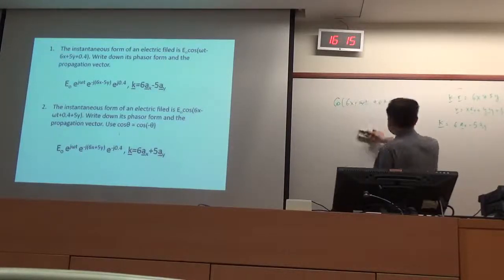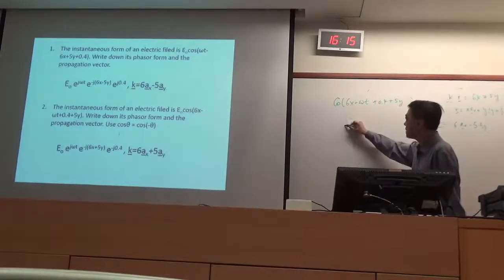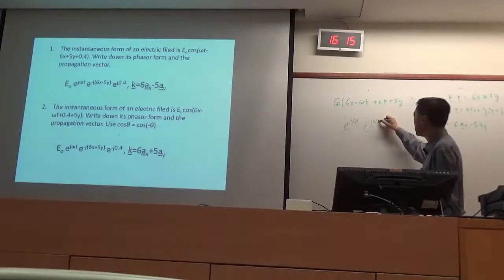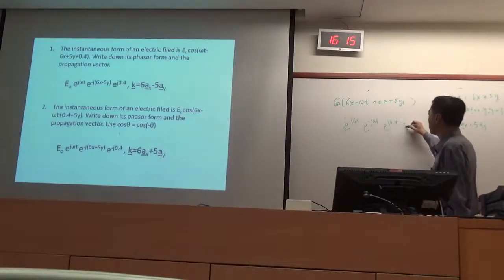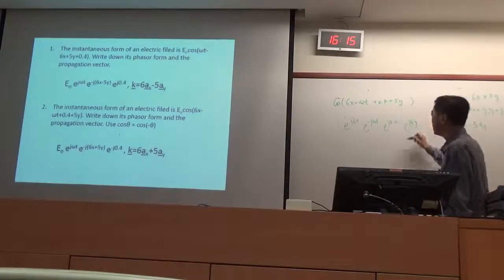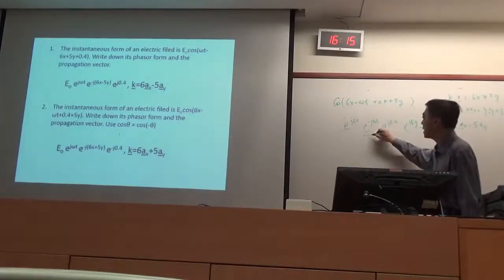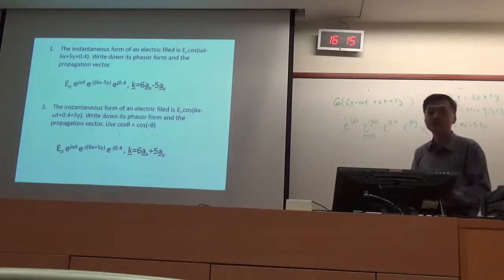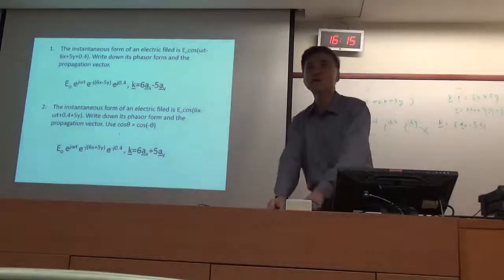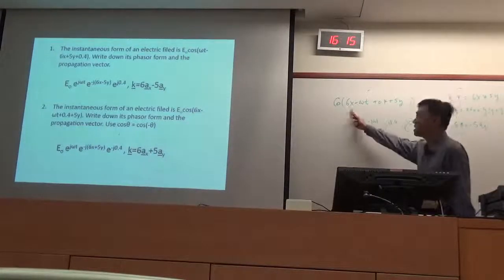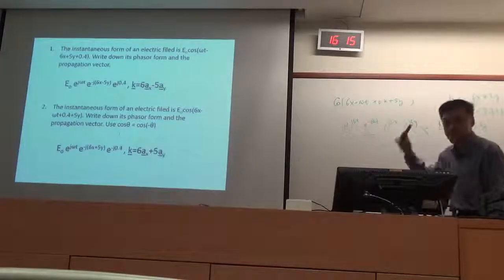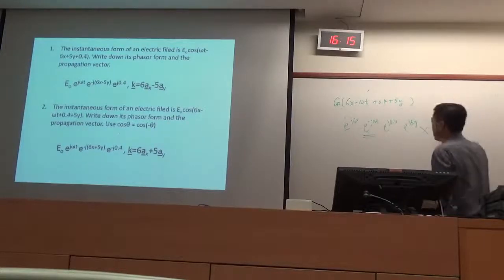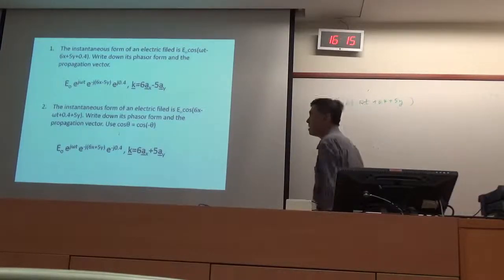You can't write it as e^(j6x) e^(-jωt) e^(j0.4) e^(j5y), which is wrong, because ωt cannot be negative. So when you do that, you must make sure that in the cosine term, the ωt must be positive. So what you should do is make use of this simple formula.